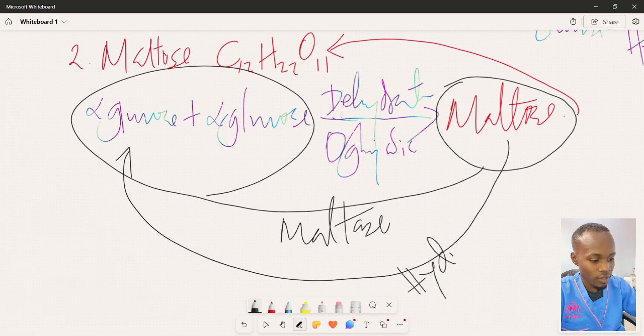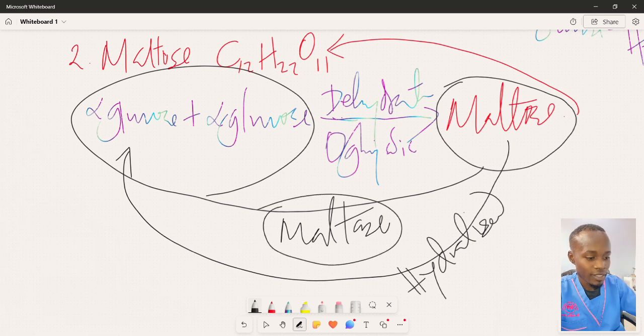So when maltose is hydrolyzed using the enzyme maltase, it goes back to two individual sugars, which are alpha glucose and alpha glucose.